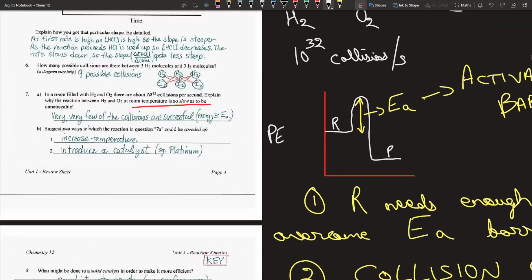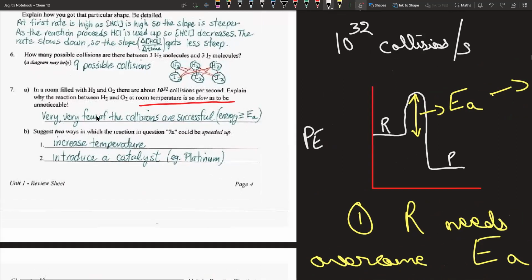Now, number 7 says that there were lots of collisions happening between H2 and O2 at room temperature. But why didn't you see any noticeable reaction? Even though there were lots of collisions, very few of those collisions are successful. Why? Because they probably didn't have enough energy to overcome the activation energy barrier.